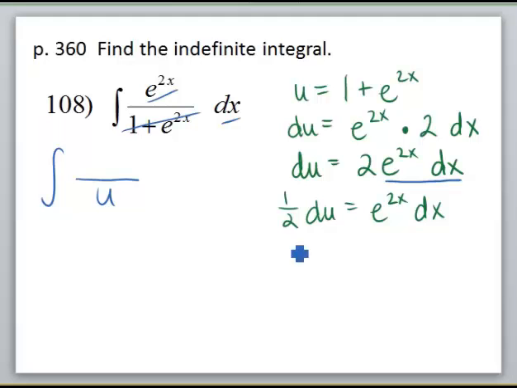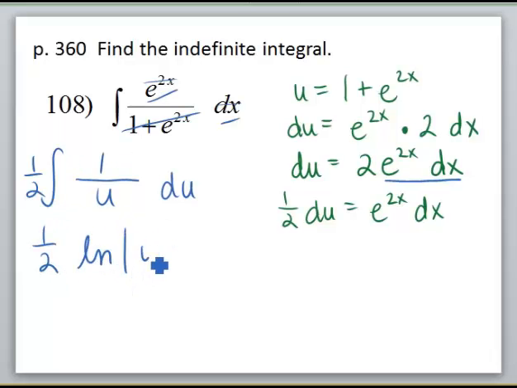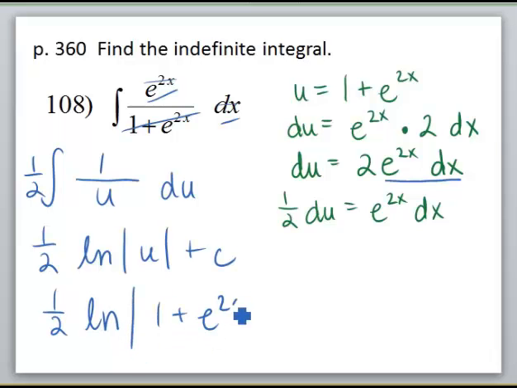So I'll go back and rewrite this as 1/2 du, and that takes care of these two portions. So that means I have a 1 on top. Well, we know now that the integral of 1 over u is the ln of the absolute value of u plus c. And then I'll go back and plug in my u value, which was 1 plus e to the 2x.